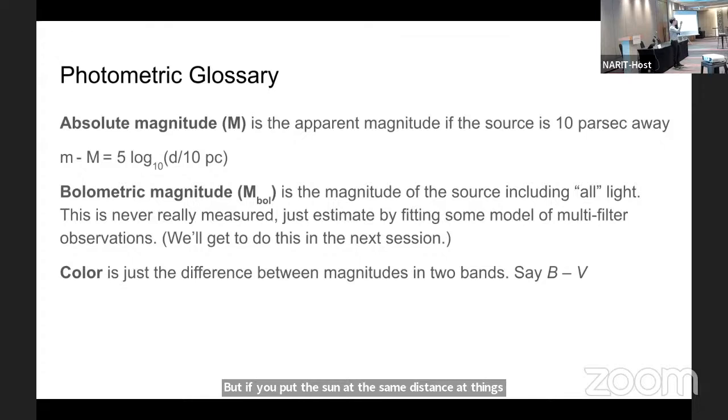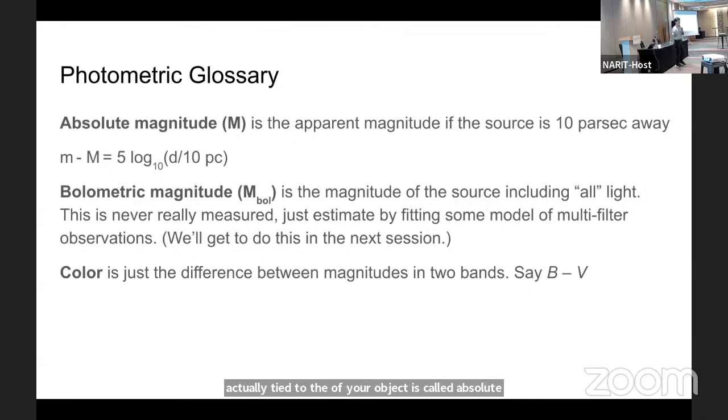In comparison, it's much fainter than those supergiant stars, or any stars in Orion, which are very luminous. So the magnitude number that tells you the intrinsic brightness, which is actually tied to the luminosity of your object, is called absolute magnitude.